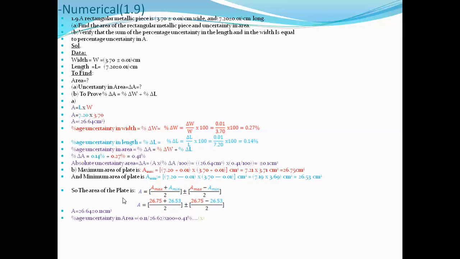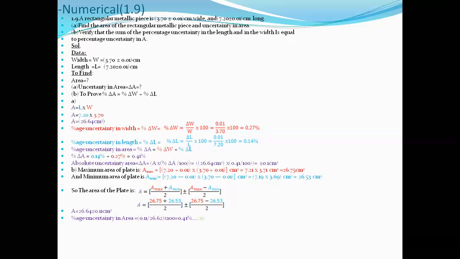Now, for the proof, the percentage uncertainty of area is equal to the percentage uncertainty of width plus the percentage uncertainty of length, we have to prove it. Percentage uncertainty in area is 0.11 divided by 26.62 into 100. How did this come into being?